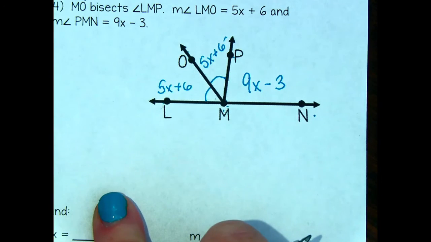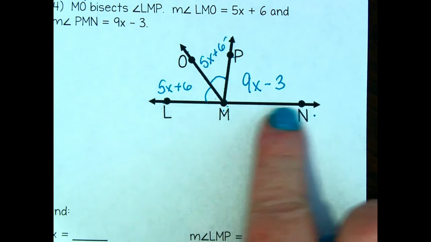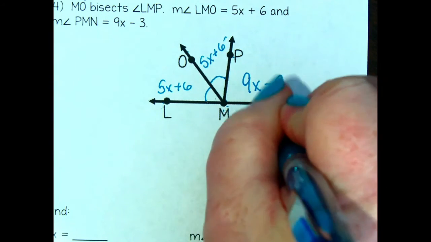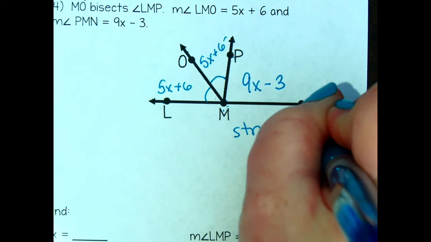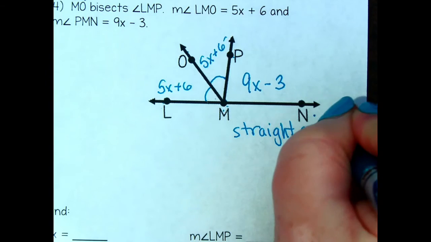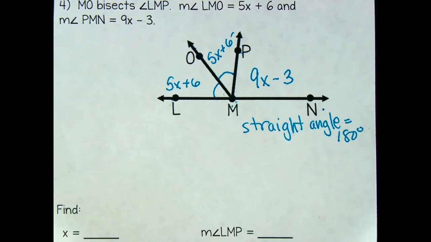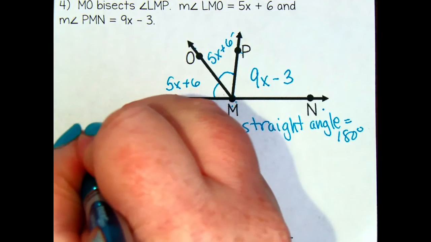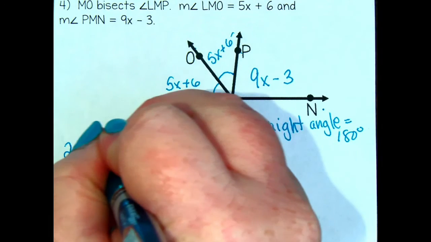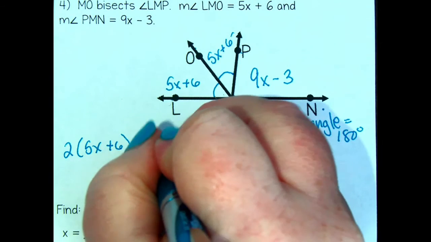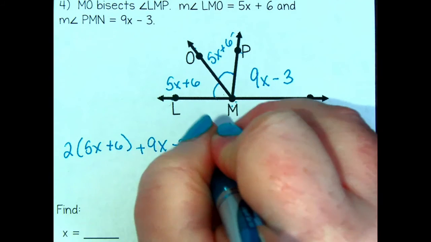And because this looks like a straight line, that makes it a straight angle, and a straight angle has 180 degrees. So the equation and the work that I'm going to show is 2 times 5x plus 6, because there's 2 of them, plus 9x minus 3 is equal to 180 degrees.